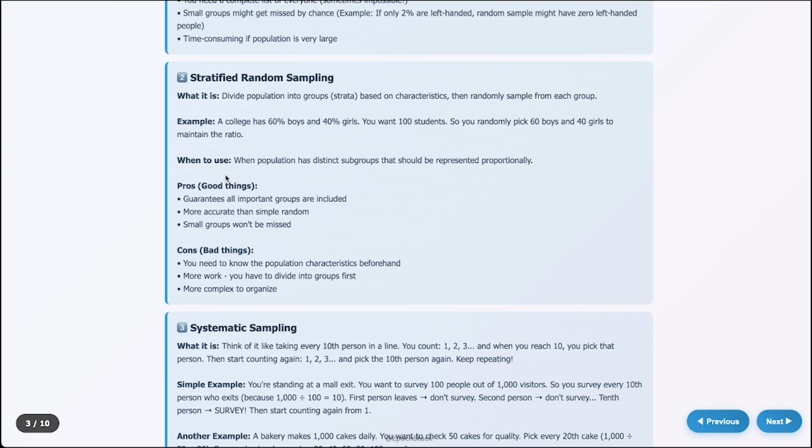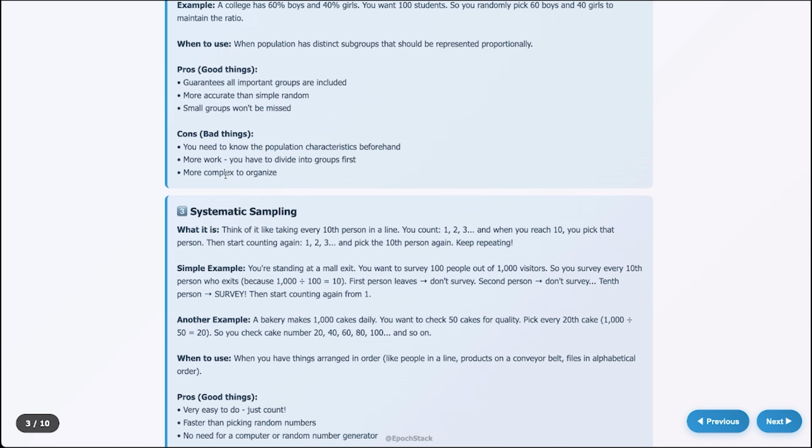But in this case, it will guarantee that all the important groups are included, and it is more accurate than simple random sampling. Then what are the drawbacks here? In this case, you must know about the population characteristics before you apply this sampling technique. And if the population is very large, then you have to do more work. You have to divide them into different groups, and it might be more complex to organize.